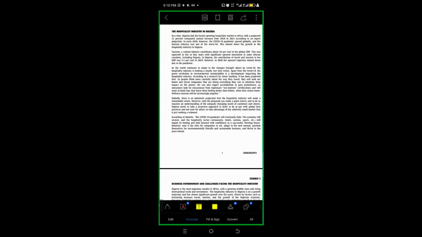They said the hospitality industry is projected to have a 12% compound annual increase from 2019 to 2023. Now, this is a projection related to the hospitality industry.